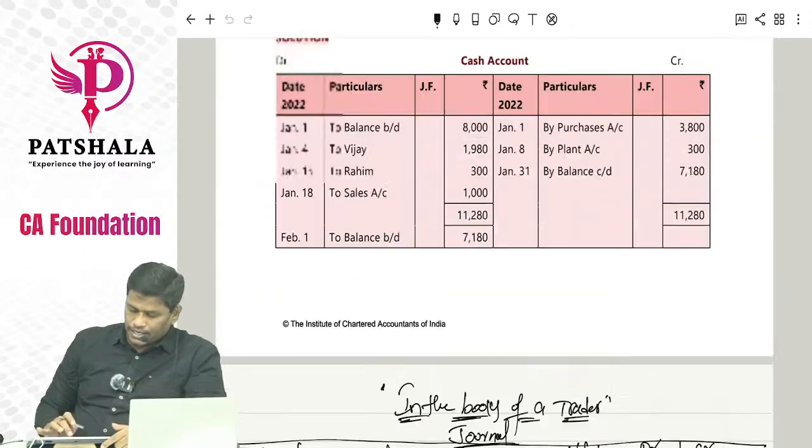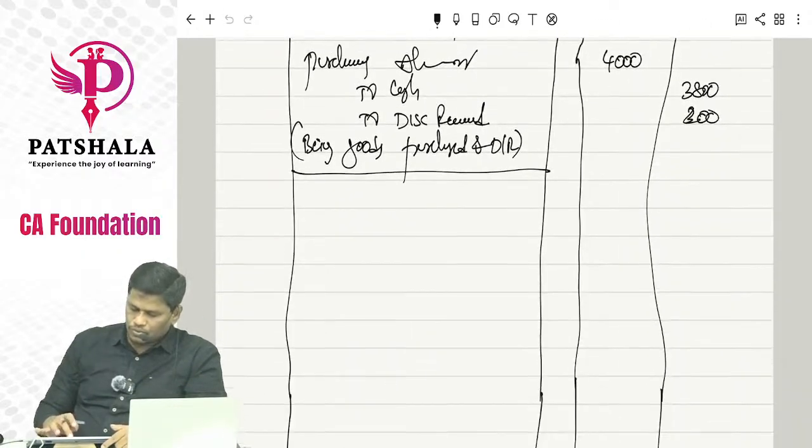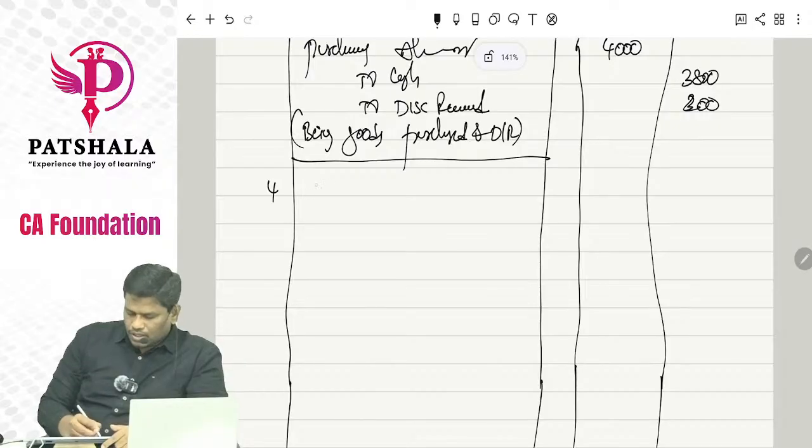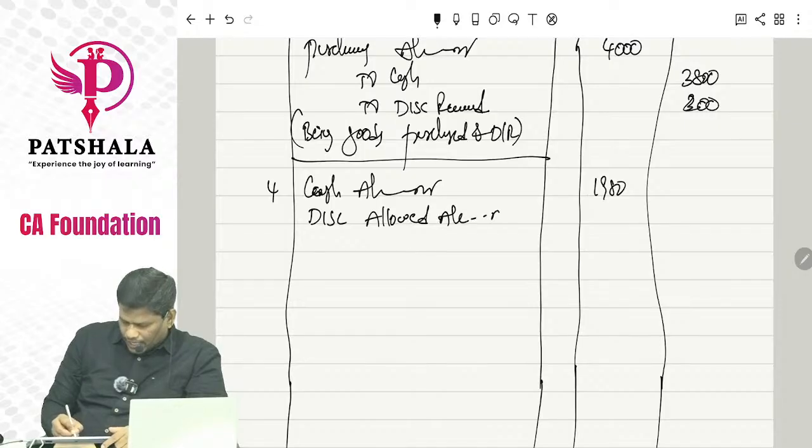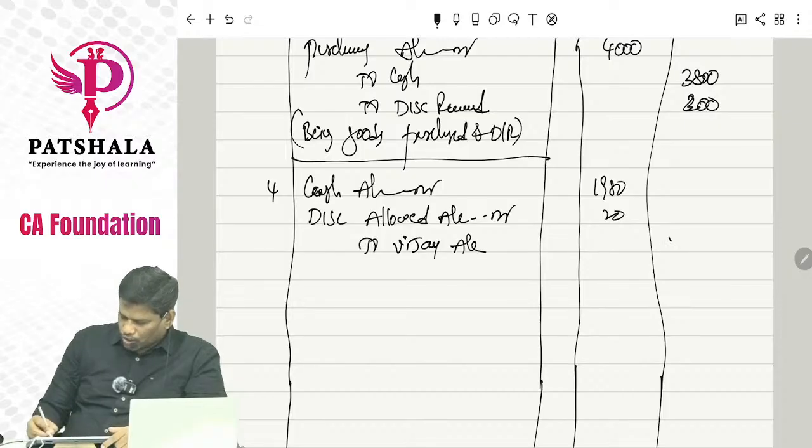So write the entry, date 4th. Cash account debit. What comes in? 1980. We allowed discount. Discount allowed is a loss for us. Discount allowed account debit, 20, to Vijay account 2,000.